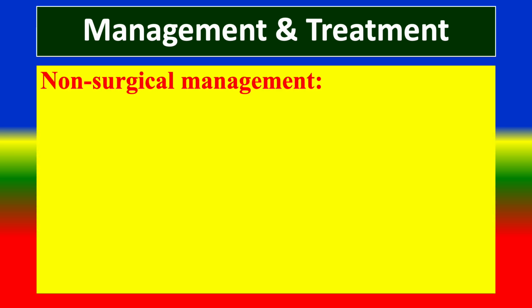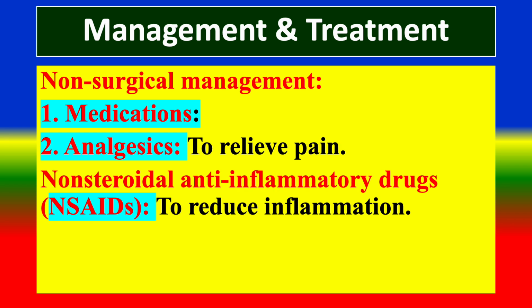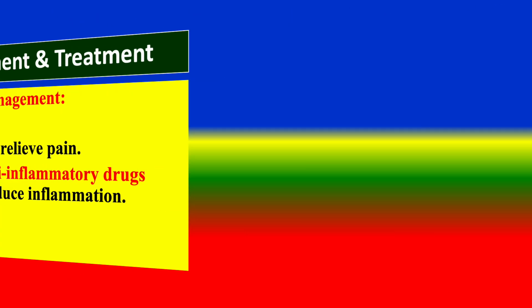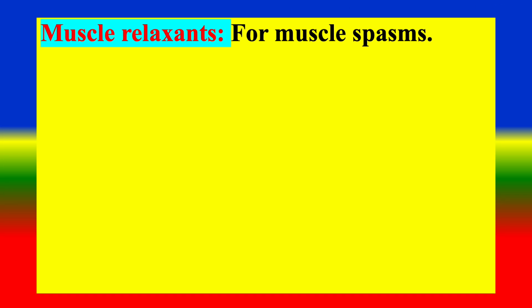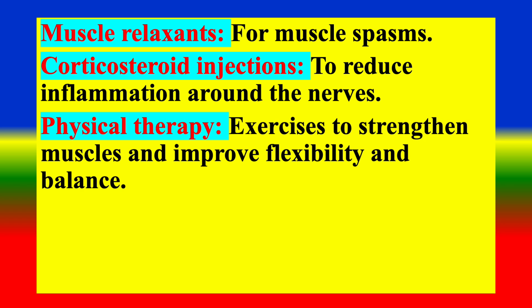Management and treatment. Non-surgical management. 1. Medications. Analgesics to relieve pain. Non-steroidal anti-inflammatory drugs to reduce inflammation. Muscle relaxants for muscle spasms. Corticosteroid injections to reduce inflammation around the nerves. 2.